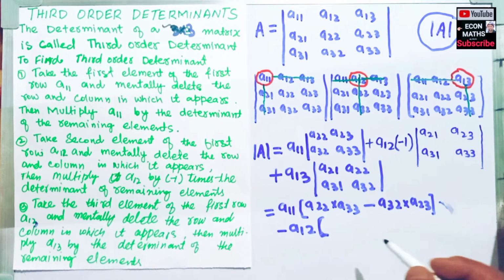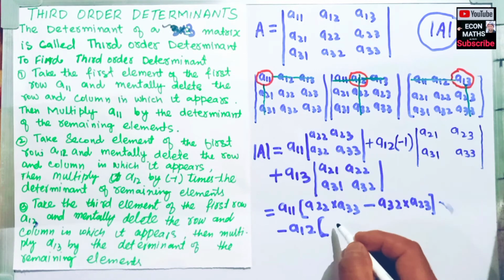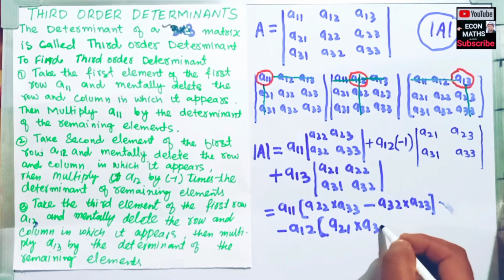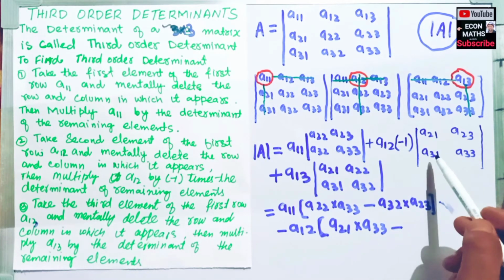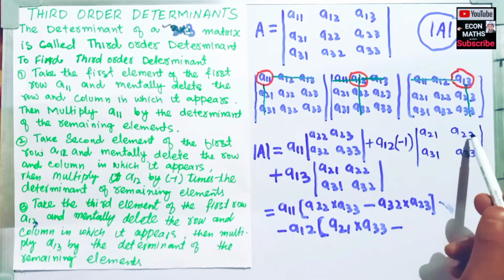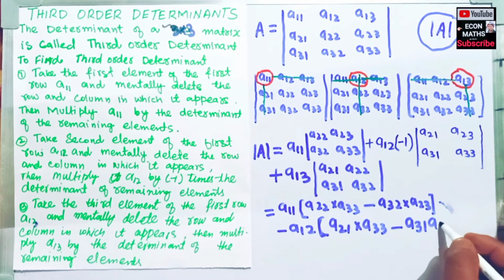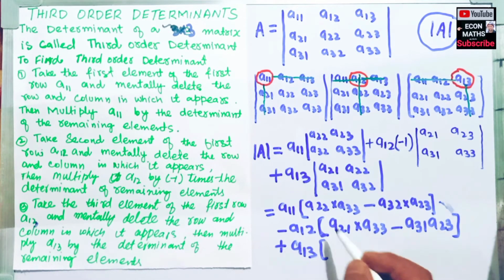Similarly here we multiply A21 times A33, and from this we subtract the product of A31 and A23. Now it is plus A13.